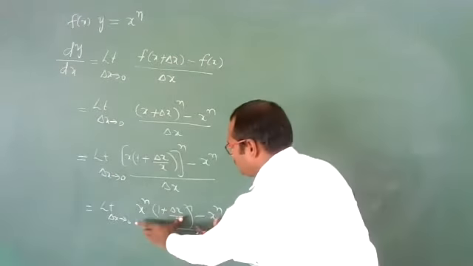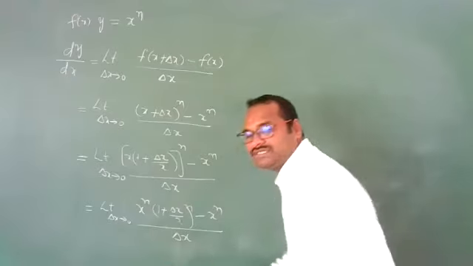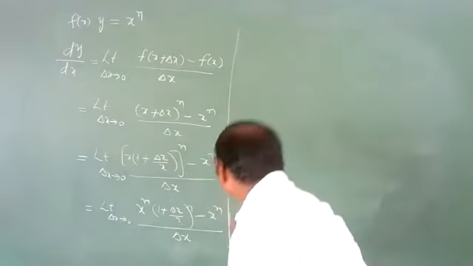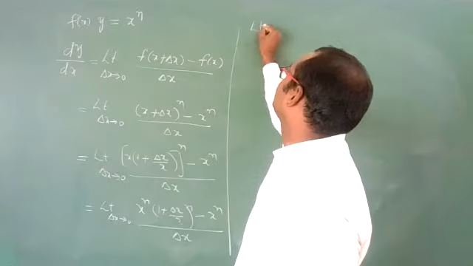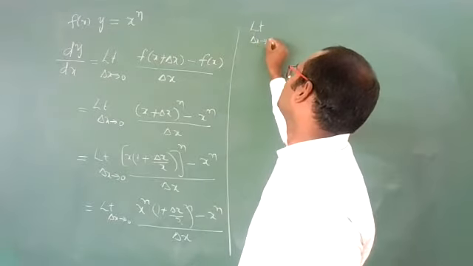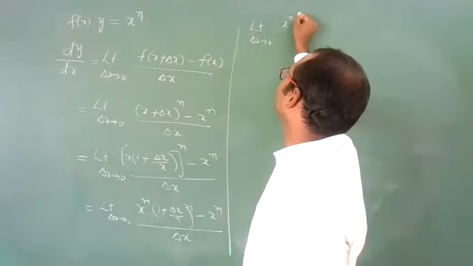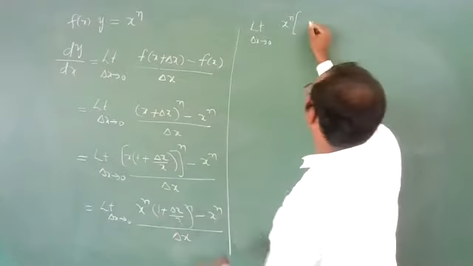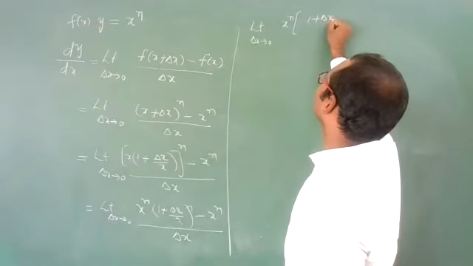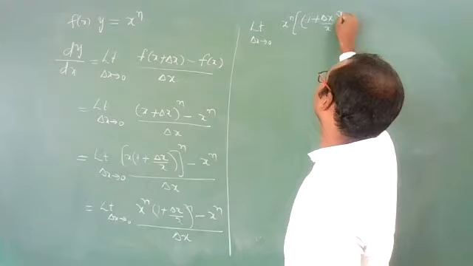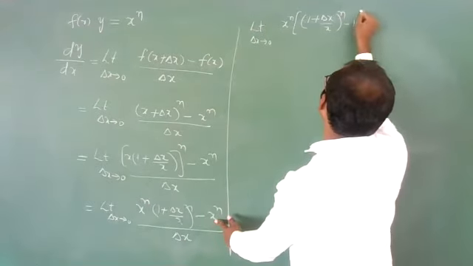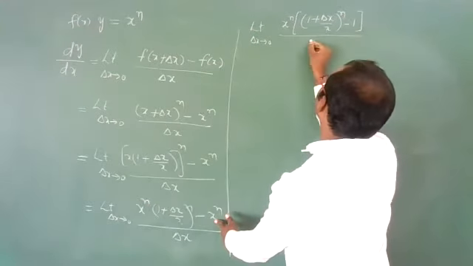Now from these two terms, take x power n common again. You will get limit delta x tends to 0, x power n common, this factor will be there: (1 plus delta x by x) whole power n, minus, here x power n is taken common, you will get 1, bracket close, divided by delta x.